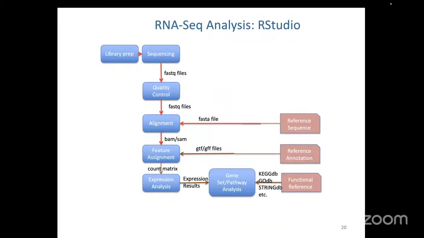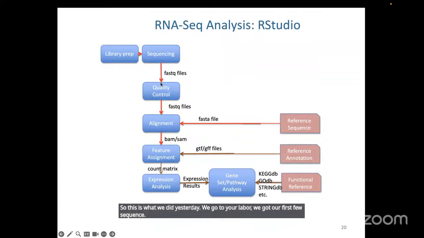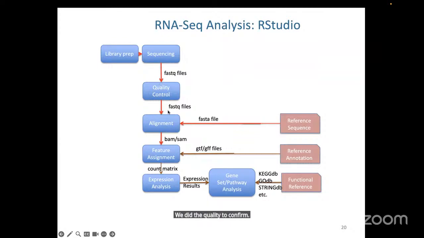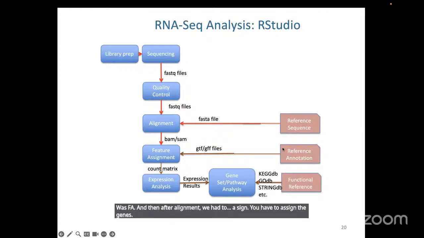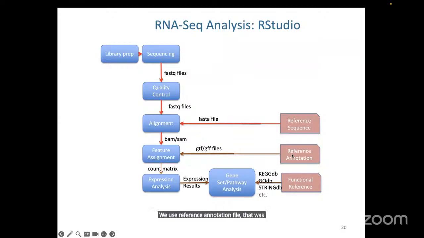So this is what we did yesterday. We got our library, we got our FASTQ sequences, and we did the quality control. We did the alignment, aligning the reads to the yeast reference, and the yeast reference genome was a FASTA file. After alignment, we had to assign the genes using the reference annotation file, which was GFF3.